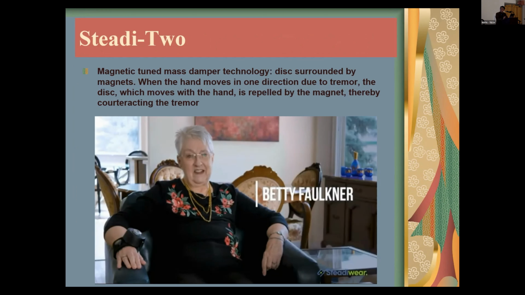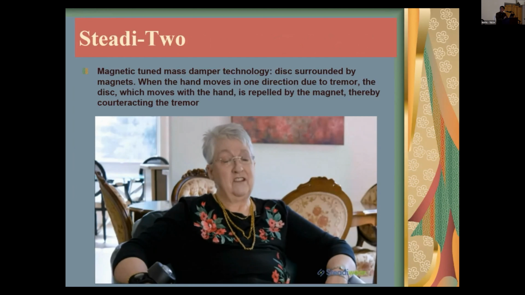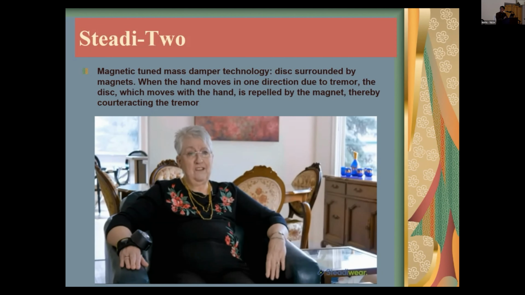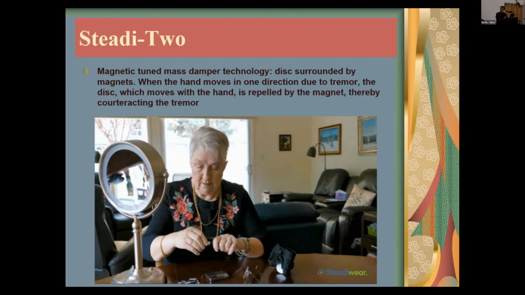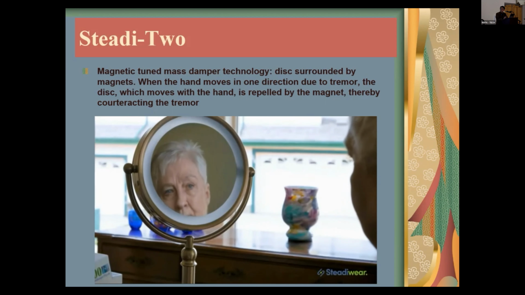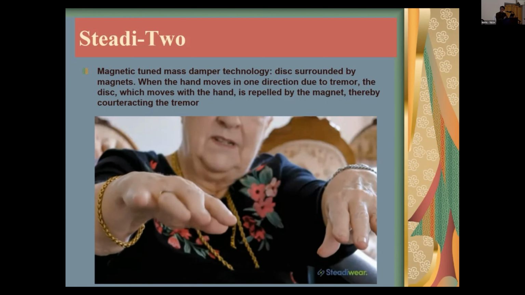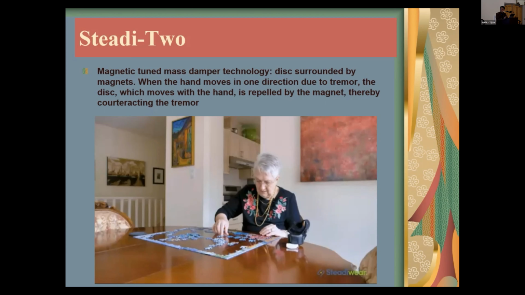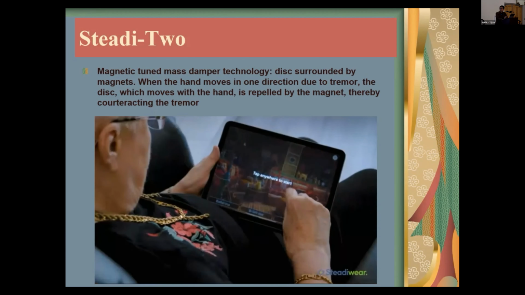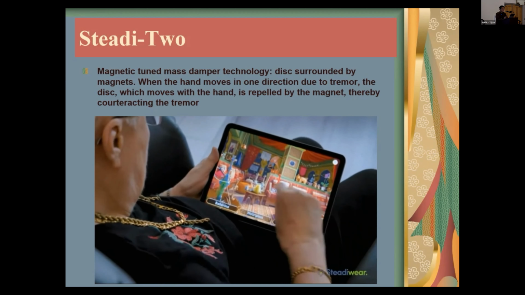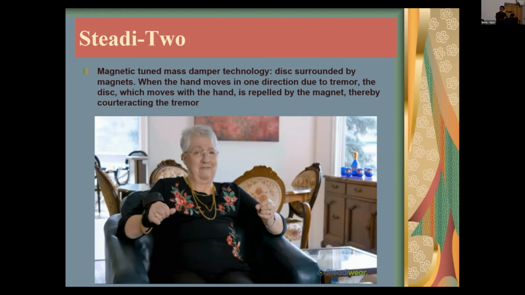I have had essential tremor. The one problem I'd had with it was people would think I was nervous, and people would be saying to me, "Don't be nervous, don't be nervous." And I wasn't nervous. As I got older, into my 50s and 60s, it did become more of a problem. But my biggest issue is my hand shaking, because it stops you from doing things you want to do. And I do jigsaw puzzles, I watch TV, I read, I play games on my iPad. And one thing with the computer is I'm double tapping all the time that I don't want to be, and it's so frustrating.